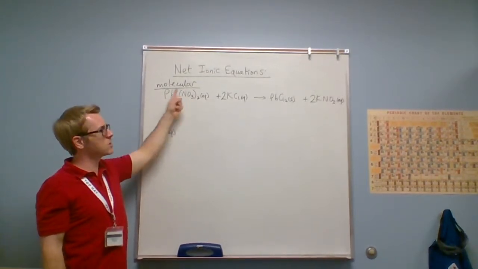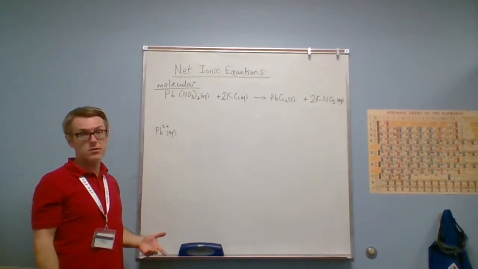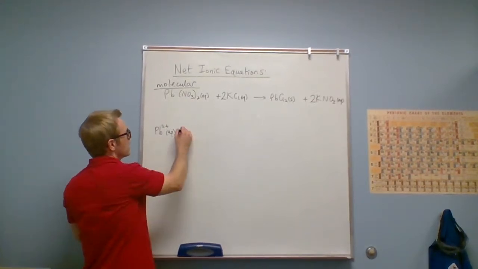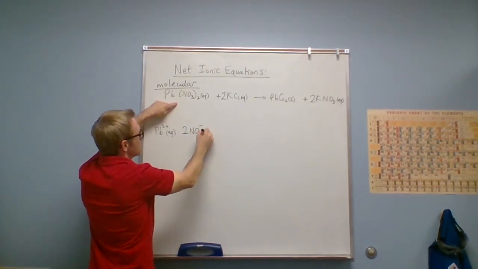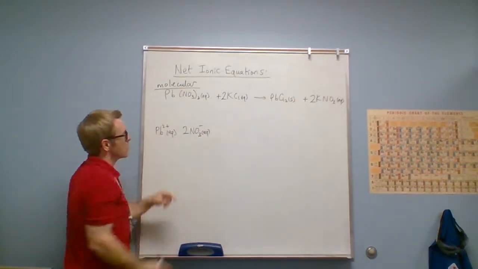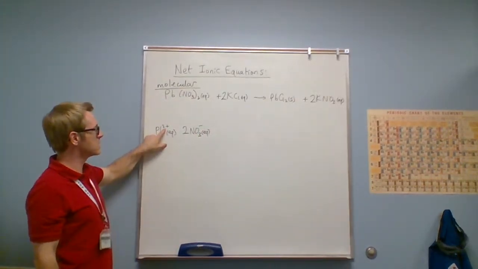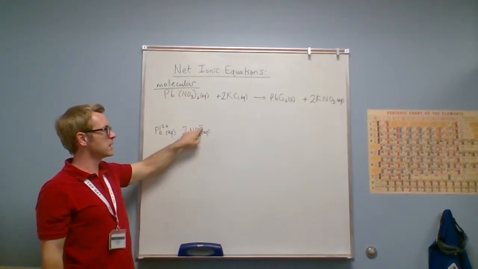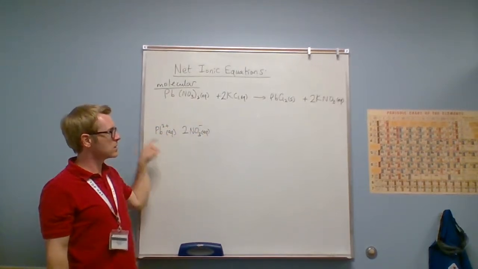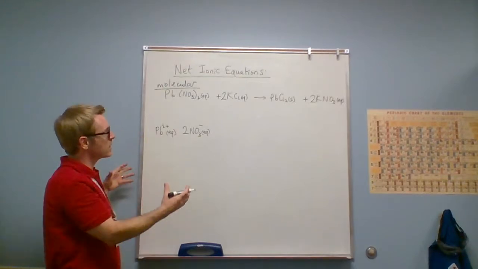The sum of charges in ionic compounds must always be 0. And I have 2 NO3 negatives. So again, you can see here that a single plus 2 charge plus 2 single negative charges equals 0 charge. So I've separated the ions.